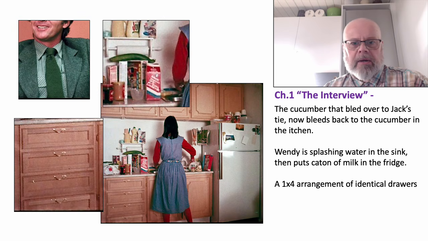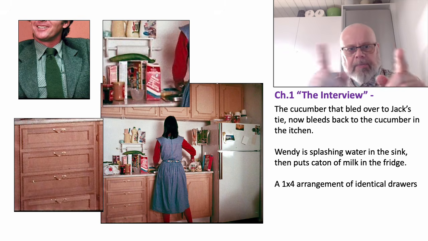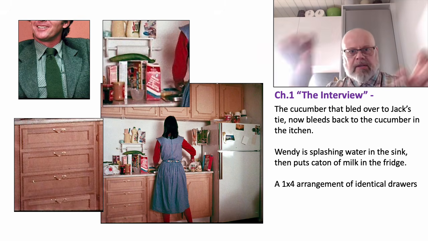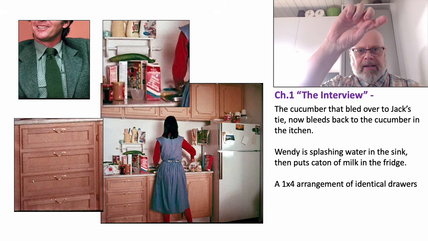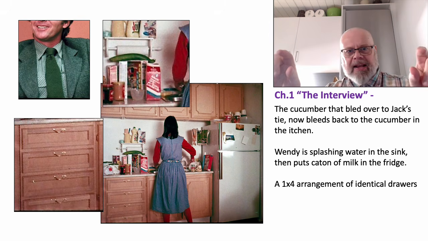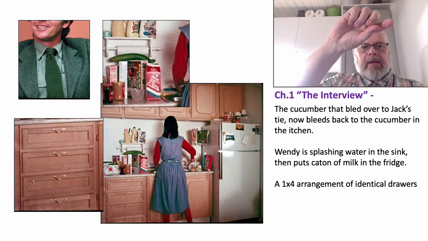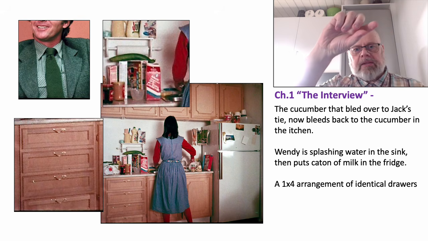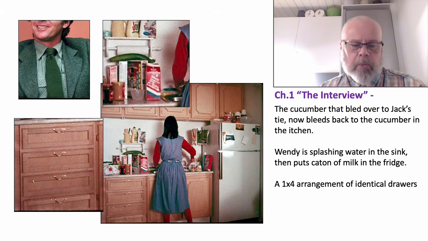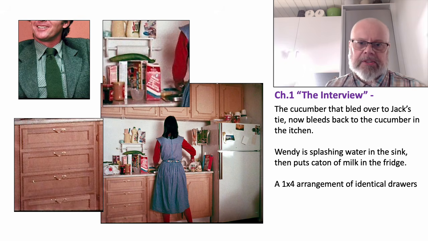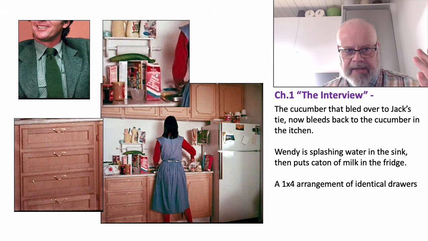The cucumber has bled over into Jack's tie. The cucumber that lies horizontally has become the green. So green and phallic is sort of sexual. And in a way, you could see this as Jack being a sort of sexual object for Wendy, maybe her imagined lover or something like that.